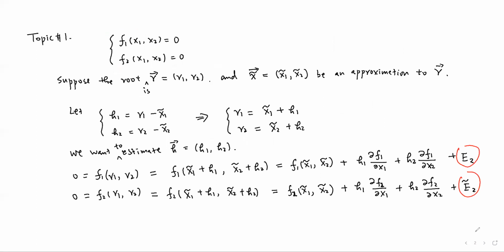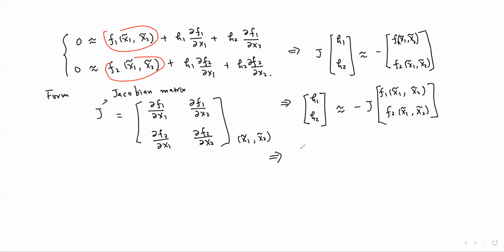Then we have R1, R2 equal to x1 tilde, x2 tilde plus h1, h2. Now, h1, h2 is estimated by this vector. So roughly, this is equal.